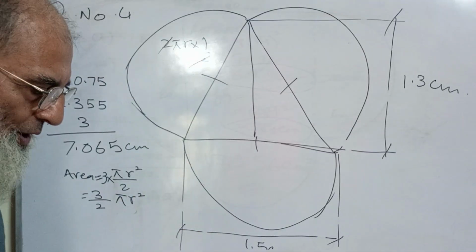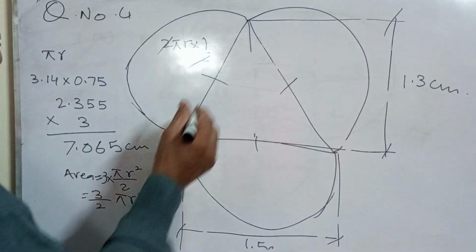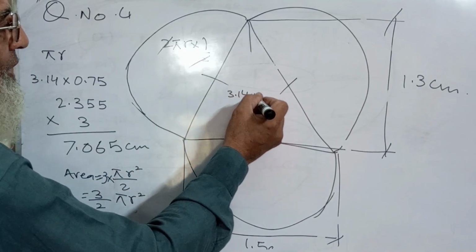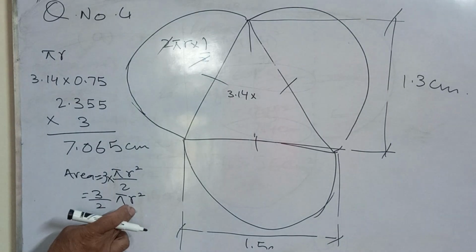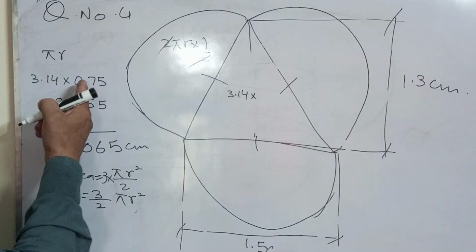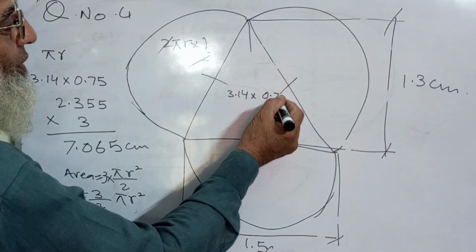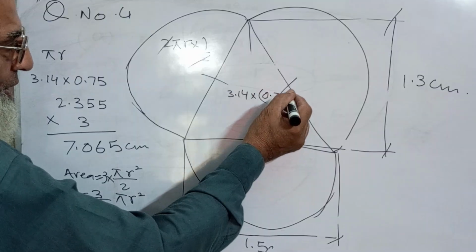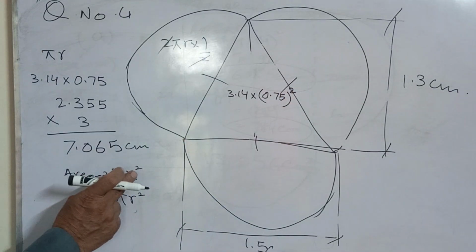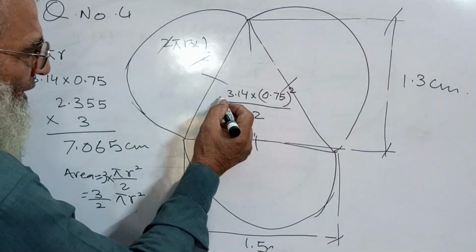So let me do it over here. Pi is 3.14 multiplied. What is the radius now? This is 1.5, so the radius will be 0.75. So it is squared. Pi r square divided by 2 multiplied by 3.